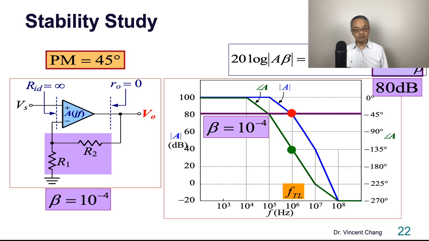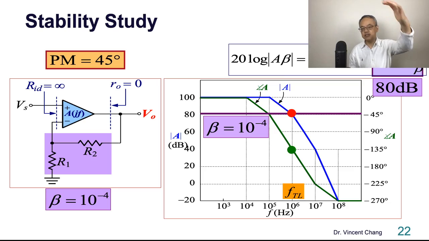All right? So 0.01 is unstable. 0.0001 is stable. So somewhere in between is the boundary. It's the critical point. So what is the critical beta?